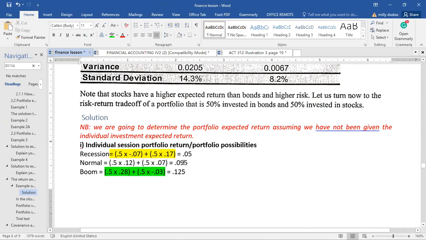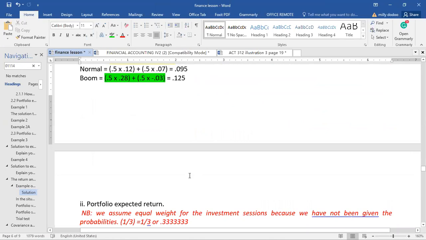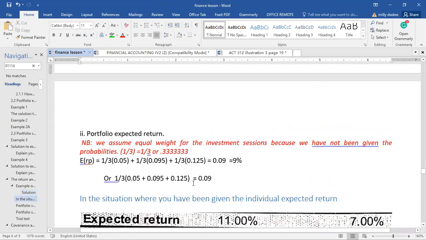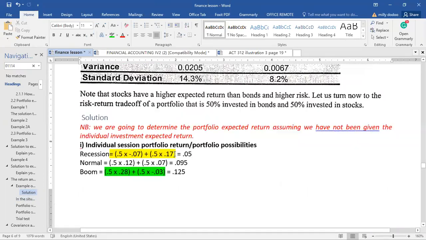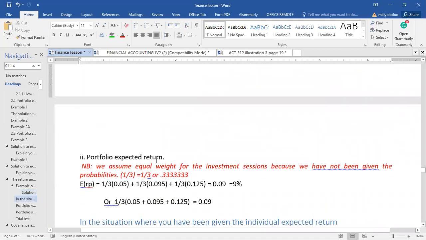Then you now come and weigh this portfolio expected return using the portfolio weights or using the weights of the investment. Now, we're not given the probabilities of the various sections. So we are assuming that each of the sections here have equal probability.